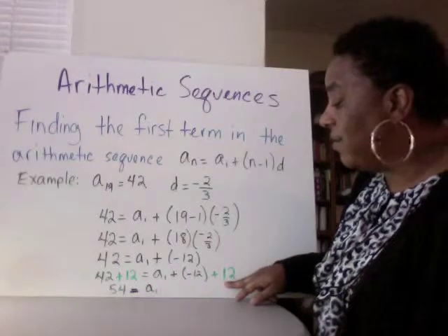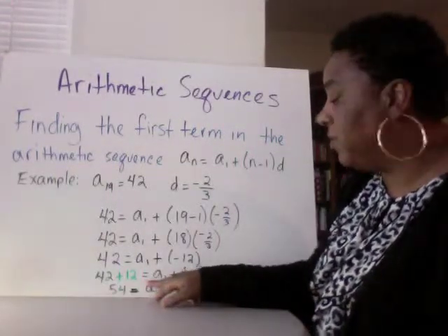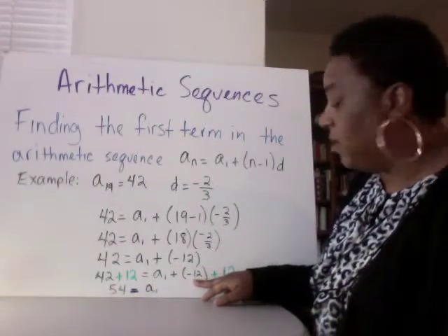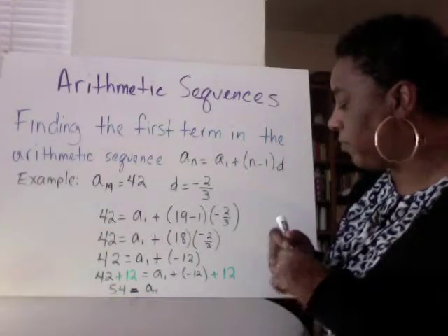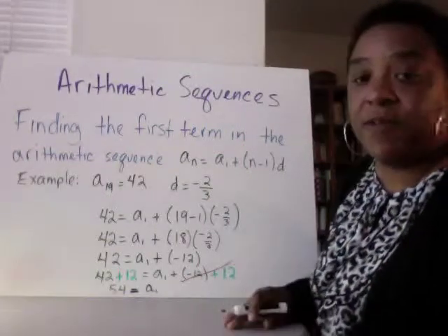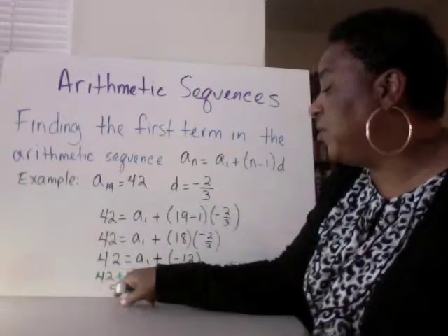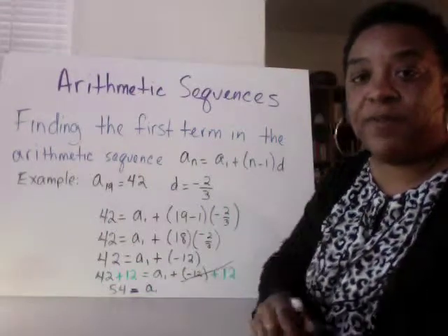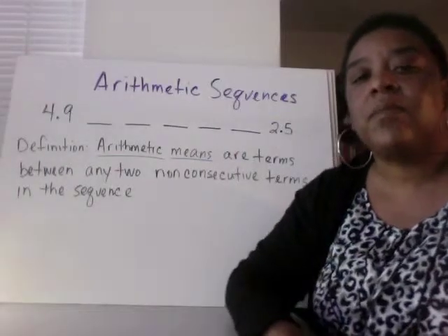So here on our next line, we have 42 plus 12 equals a sub 1 plus -12 plus 12. Positive 12 and -12 will cancel out on the right side. And so 42 plus 12 is equal to 54, which is a sub 1, our first term.